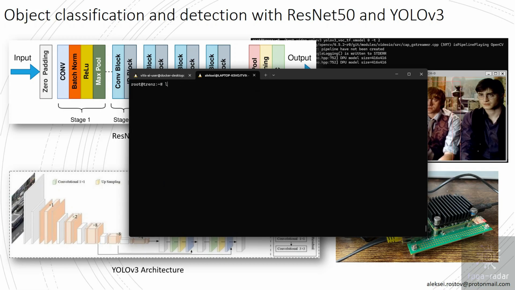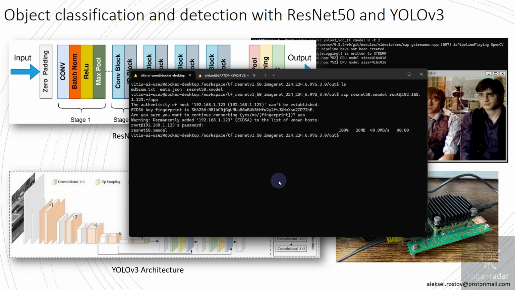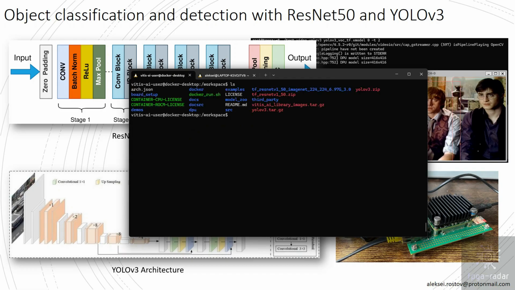Okay, the next step is how to use YOLOv3. YOLOv3 is an example that is not included in the package. For this we have to go again back to our Vitis AI workspace. Here I still have several folders.